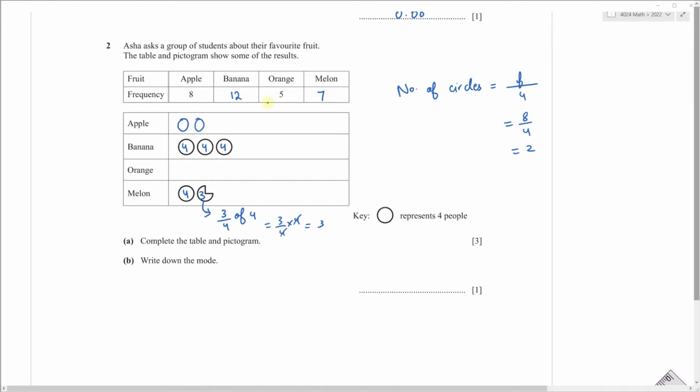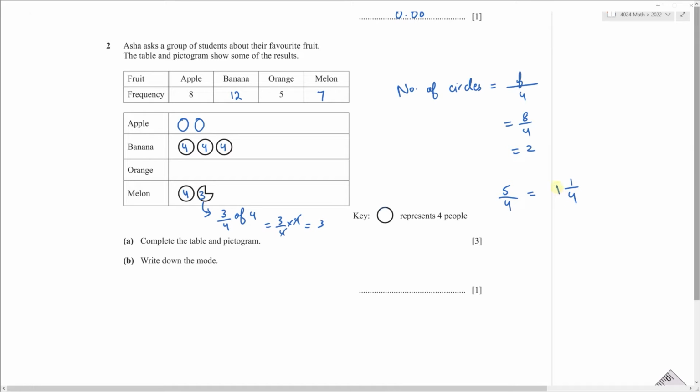And for orange, you'll do the same. Your frequency is 5, and then divide by 4. Now since 5 is not divisible by 4, I will have to split this up into a full circle, similar to what we have here. So if I write this improper fraction as a mixed number, I will have 1 whole 1 over 4, right? If I convert this back into the fraction, 4 times 1 is 4, plus 1, 5 over 4.